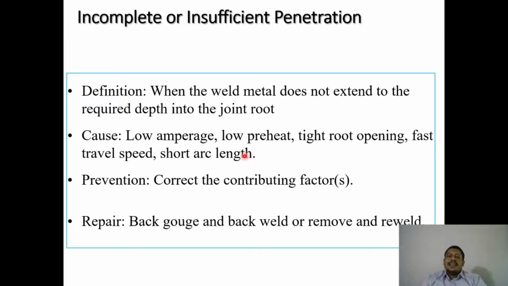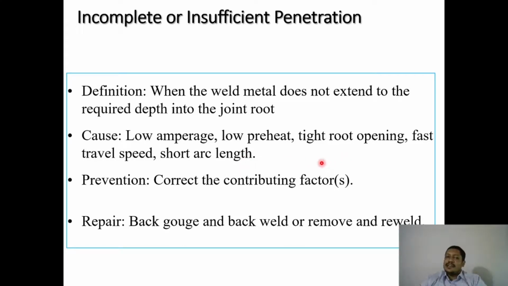So the next is incomplete or insufficient penetration, when the weld metal does not extend to the required depth into the joint root. The causes are low amperage, low preheat, tight root opening, fast travel speed and short arc length.